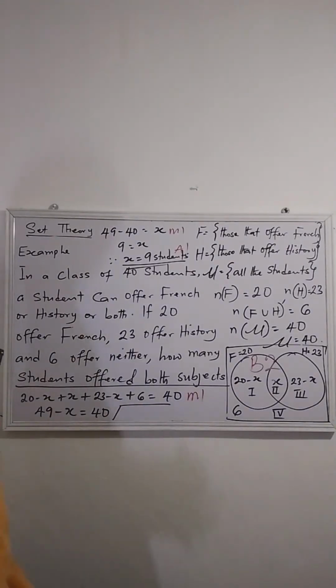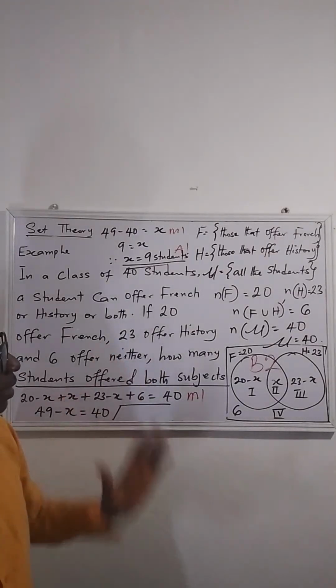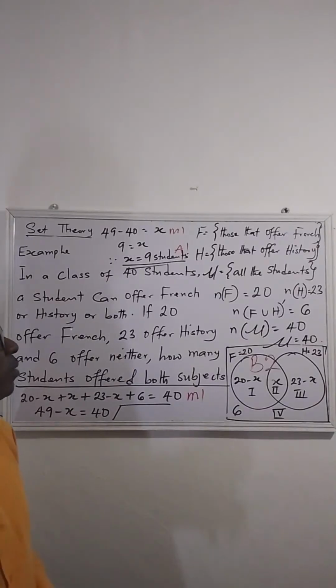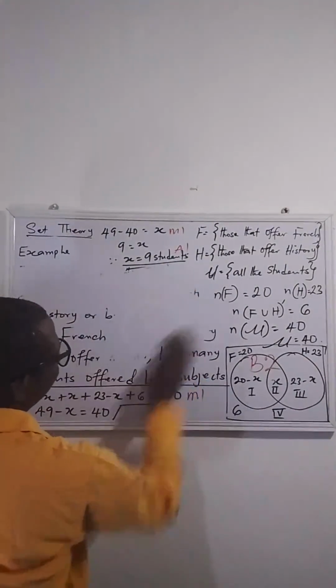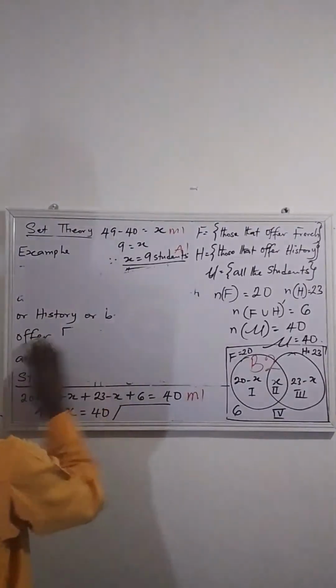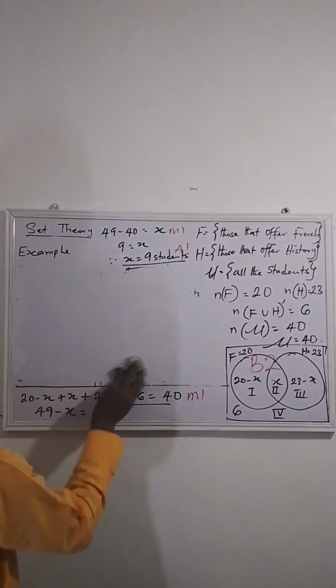Now, before I leave, I want you to do this for me. Drop the answer in the comment section. I want you to get the number of those that offer French only.